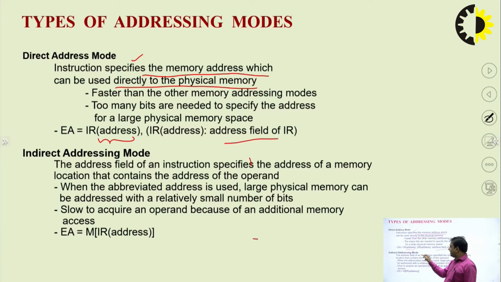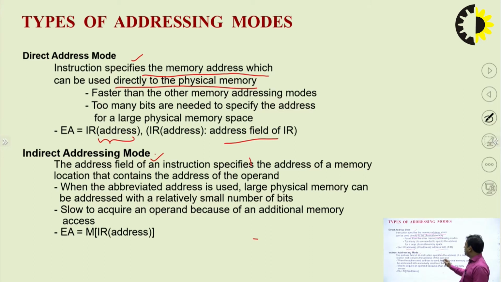In indirect addressing mode, as the name suggests, the address field does not have the operand directly. The address field again has the address of the operand.